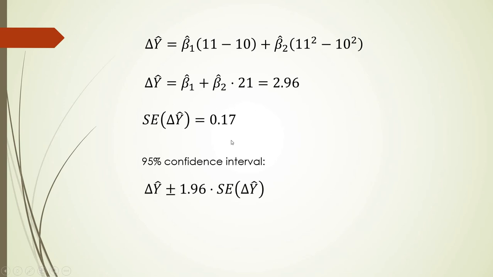I will not explain the formula for this here. But anyway, we can calculate the confidence interval. This is a statistical value for the t-distribution for the probability of 95%. And then we have lower and upper limits. So we can expect that the average increase in test scores will go from 2.63 to a maximum of 3.29 test points if households' income goes up from 10 to 11,000.